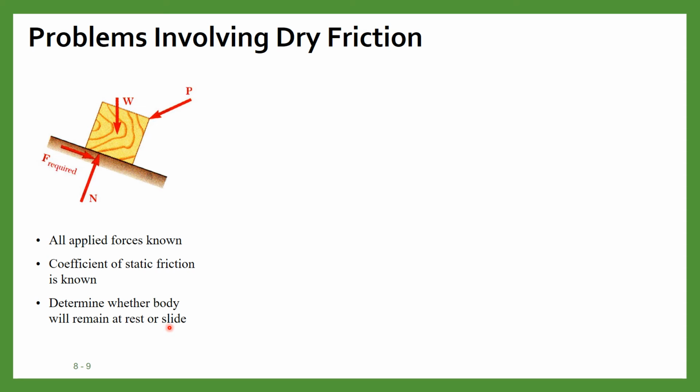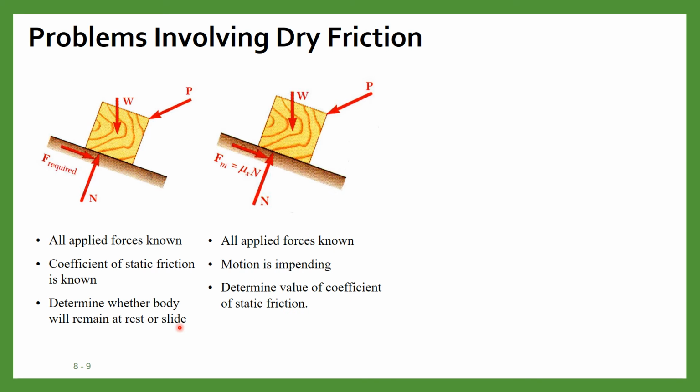So sometimes you have to solve these types of problems. Another case might be that all applied forces are known and motion is about to start, motion is impending, and you have to determine the value of the coefficient of static friction, that is, you need to find mu s. So in the first case you need to calculate the frictional force.